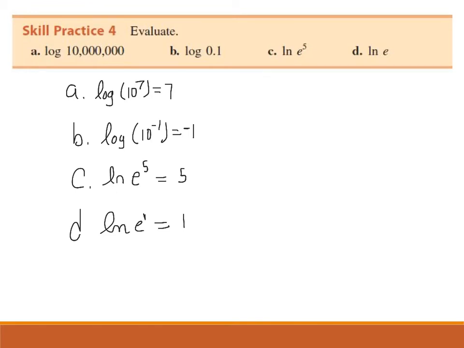For A, we rewrote it as log of 10 raised to the 7th power, which is just equal to 7. B is log of 10 raised to the minus 1 power, which is just equal to minus 1. C is log of e to the 5th power, which is just 5. And D is the natural log of e raised to the 1st power, which is just 1.